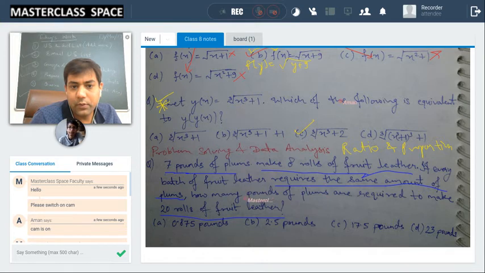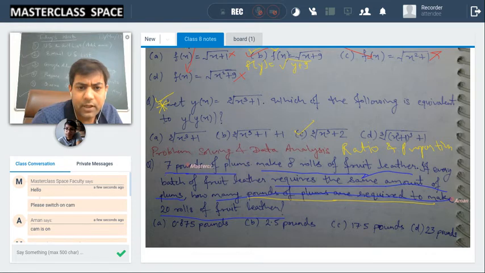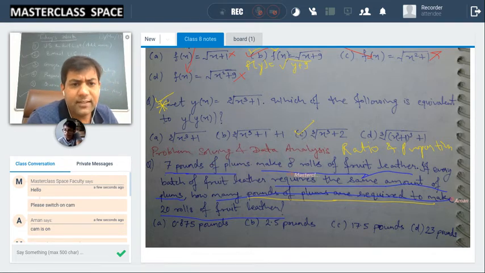So what do you have to calculate? Pounds of plums required to make this one. See, this thing is very important. 7 pounds of plums are required to make 8 rolls, and this sentence is very much important.